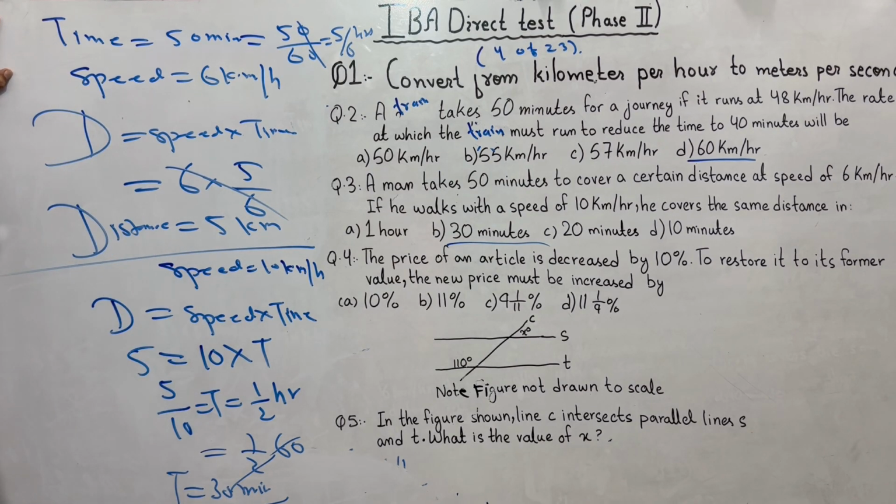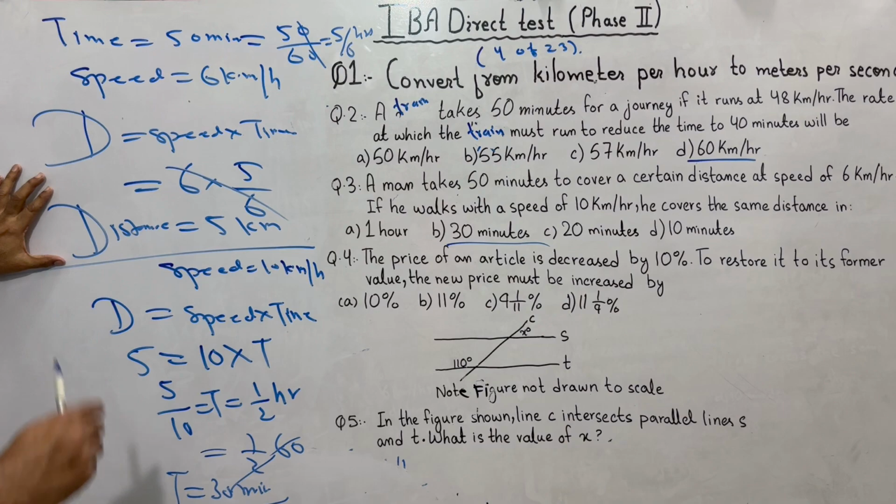First, 50 minutes and 6 kilometers per hour: utilizing these two, we arrived at the distance. Then utilizing the same distance, we are asked in what time the man covers the same distance running at a speed of 10 kilometers per hour.